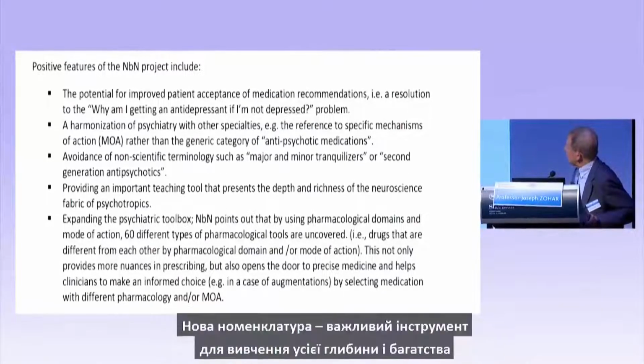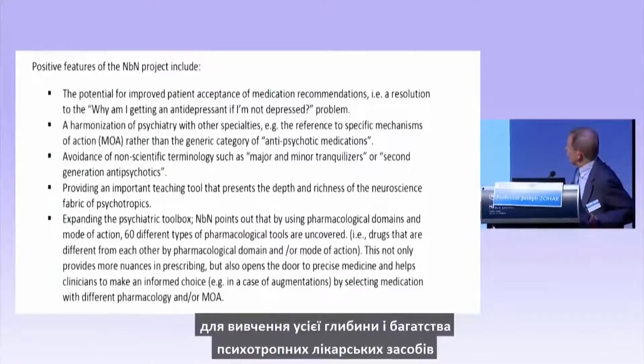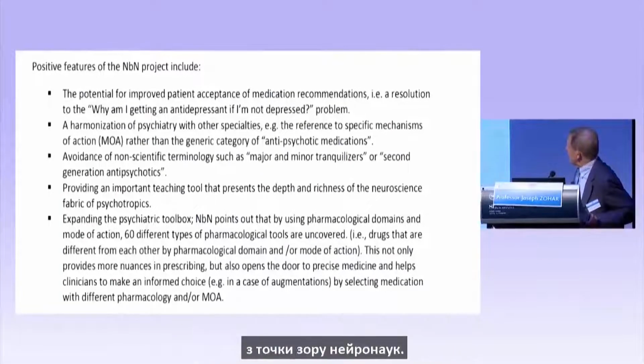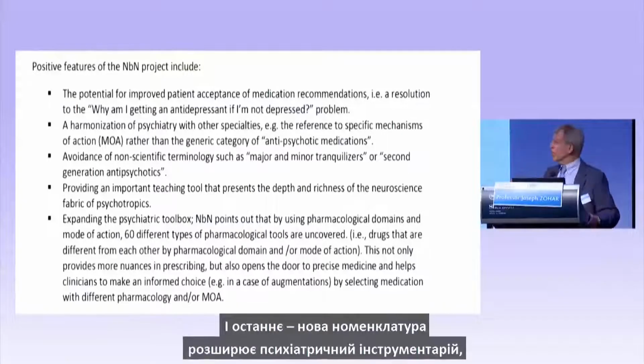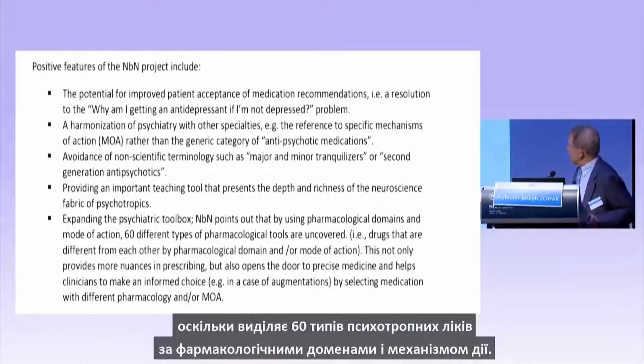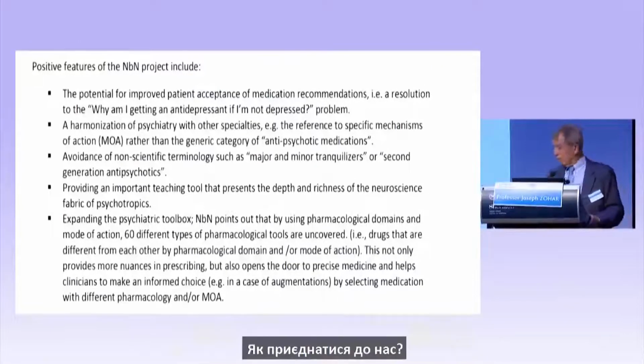And I think this is a very important point, providing an important teaching tool that presents the depth and richness of the neuroscience fabric of psychotropics. While you're teaching students, it could be a very important tool. And then what we mentioned earlier, expanding the psychiatric toolbox, referring to the 60 different types of pharmacological tools that are uncovered.